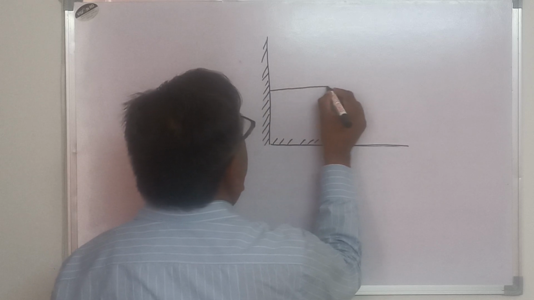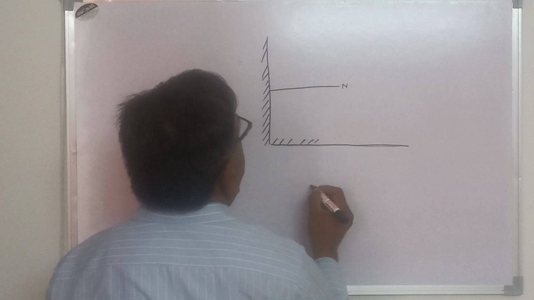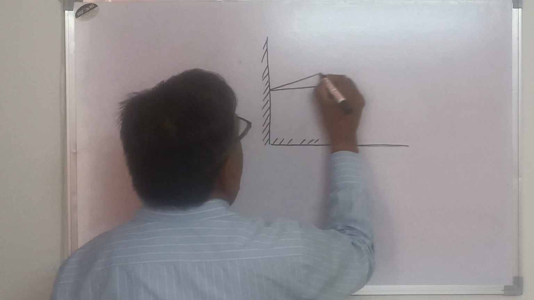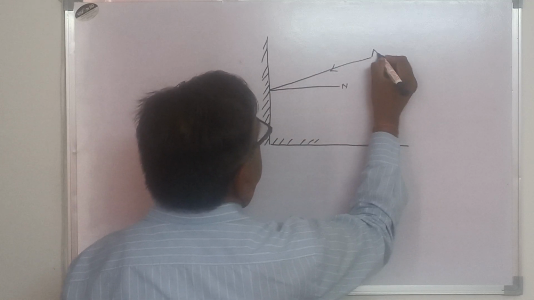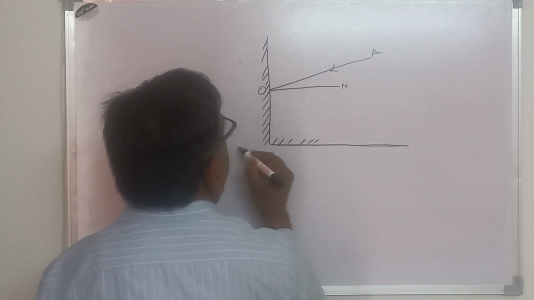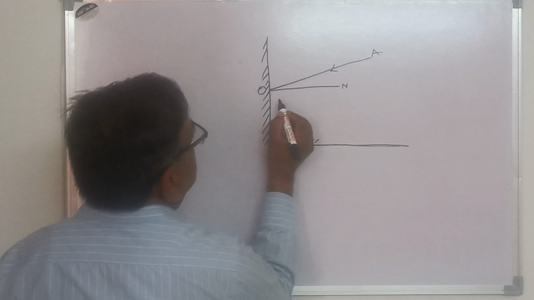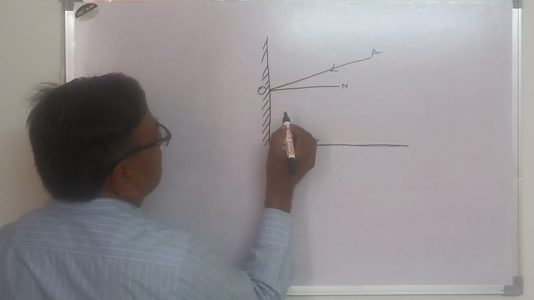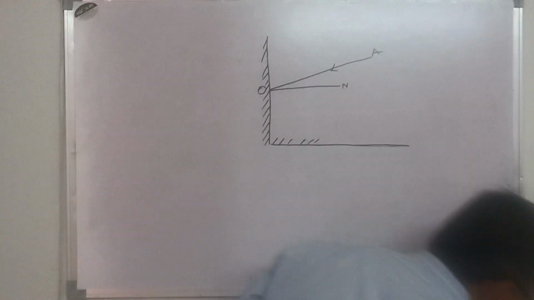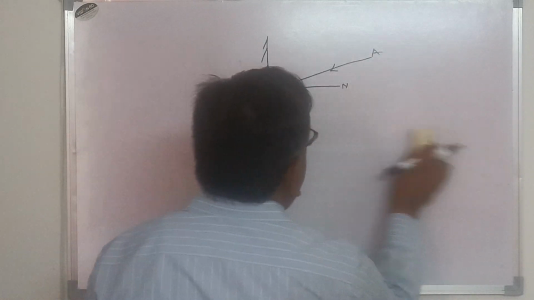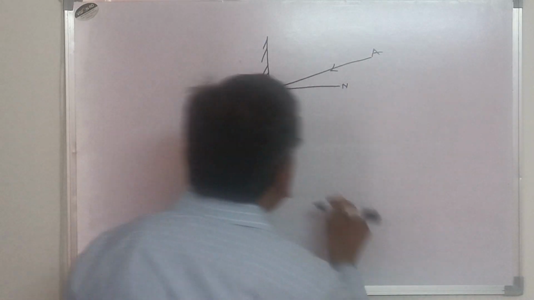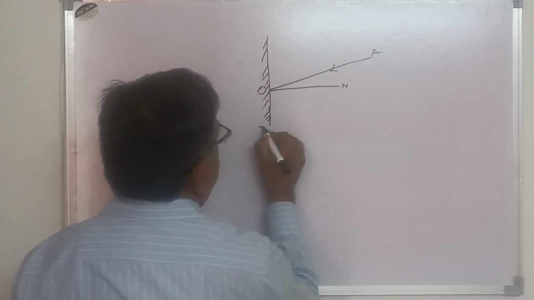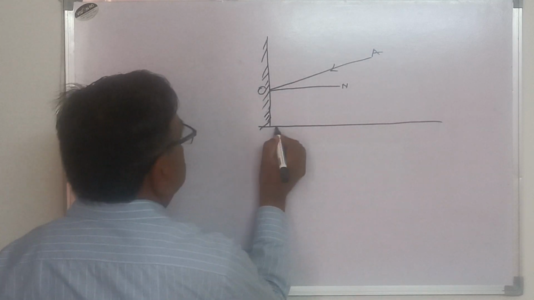We have the normal and a ray at 30 degree. This is an incident ray AO. Now this is reflected at 30 degree. Let the second mirror be this.